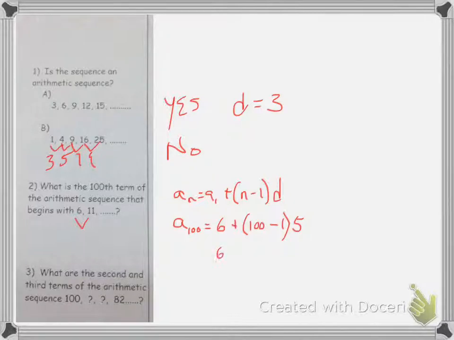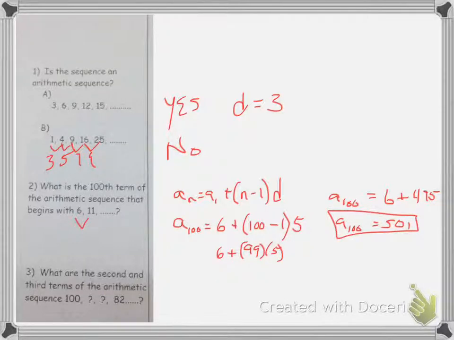So I have 6 plus 99 times 5. And 99 times 5 becomes 495. 6 plus 495 becomes 501. And that's the 100th term.